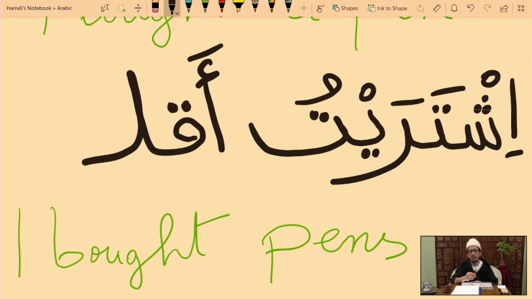You can actually have a notebook and you call it vocabulary, and every time you learn something new, you put it, because I will try to give you the meaning in English every time. So you can put اشتريت, I bought. أقلاما or أقلام, that's pens, etc. قلم, that's a pen. We saw book also.